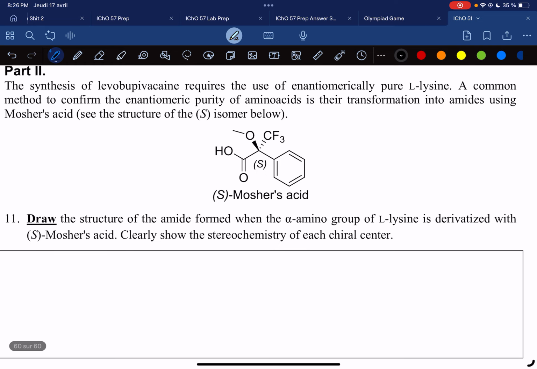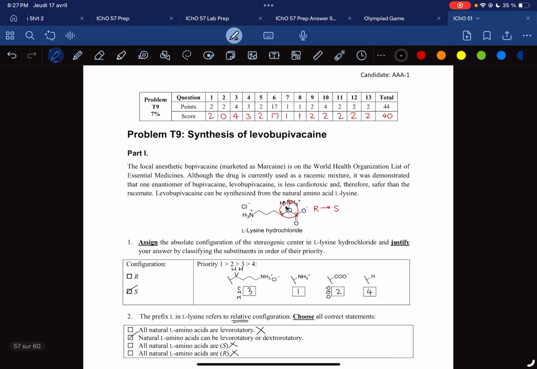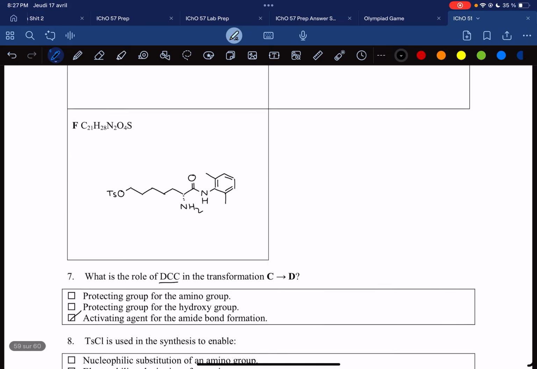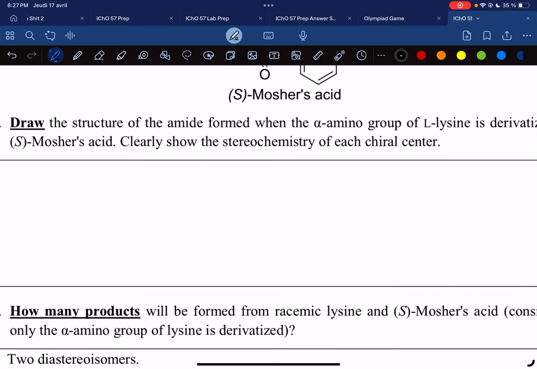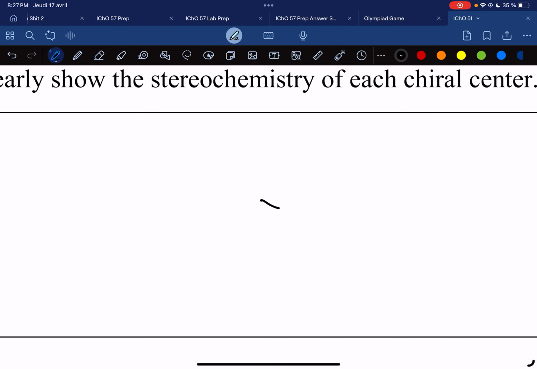So what's going to happen here is that the L-lysine, let me copy that structure. Actually, let me copy the Mosher's acid so that I don't have to change any of the geometry of the bonds. So here's our Mosher's acid.